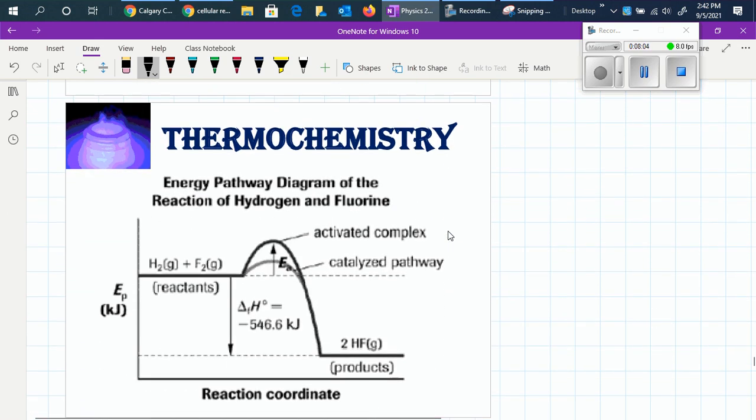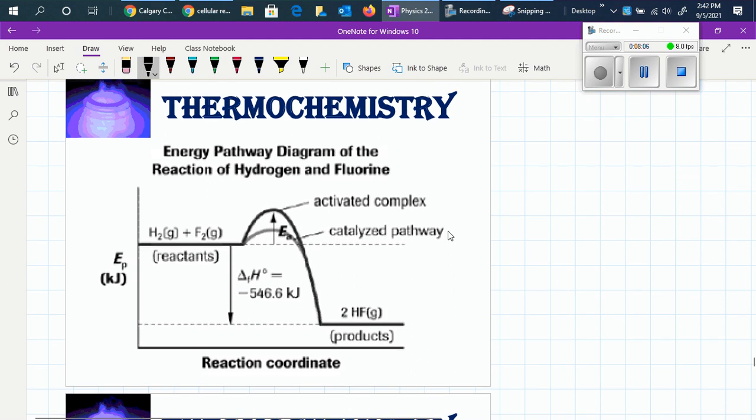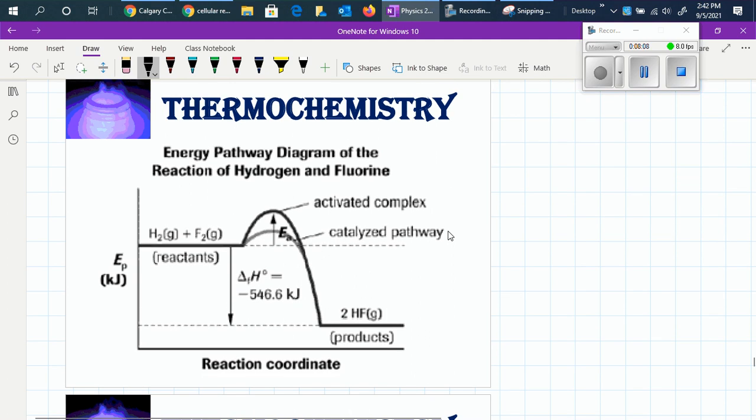So let's suppose that we have hydrogen and fluorine reacting together to form hydrogen fluoride. If no catalyst is added to the reaction, then the spike of the energy is way higher than when we have a catalyzed path.